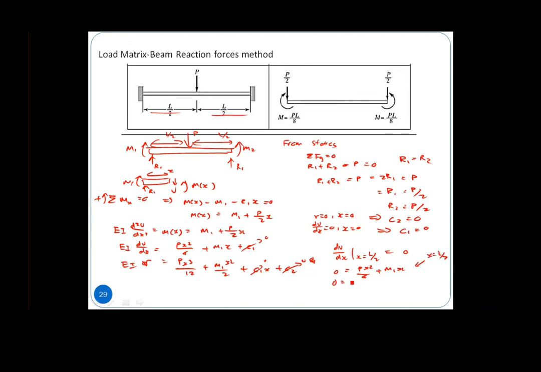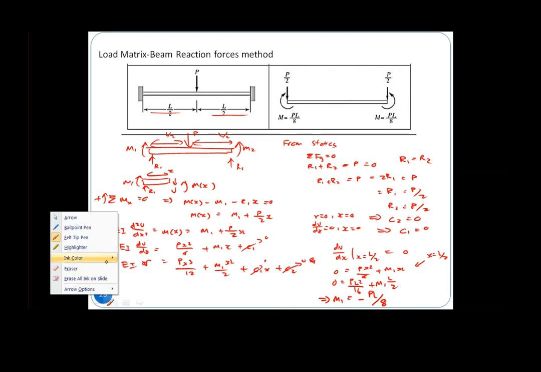Then we have 0 equals P L squared over 16 plus M1 L over 2. It will give us our M1 is negative PL over 8.